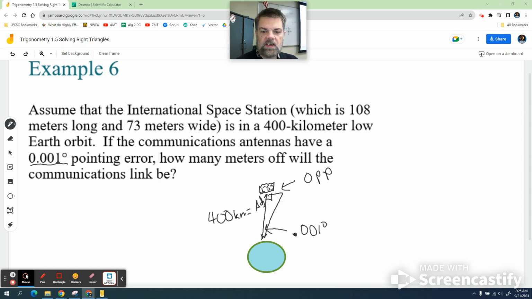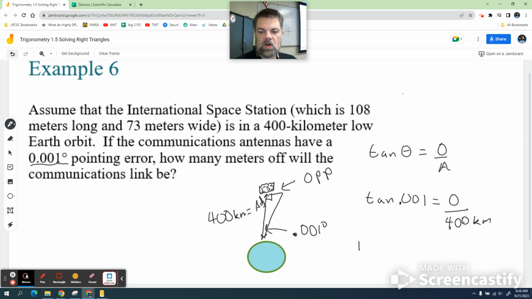Well, let's proceed. So now to find this, I'm just going to say that the tangent of theta is equal to the opposite over the adjacent. And so then tangent of 0.001 degrees is equal to O over 400 kilometers.